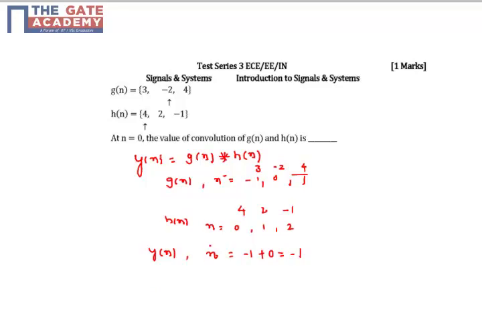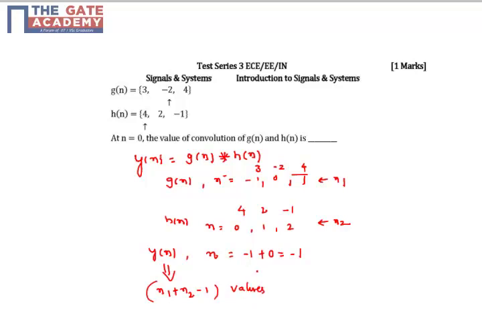We know that when one system g of n is having n1 values and the other system h of n is having n2 values, the y of n is having n1 plus n2 minus 1 values, right?